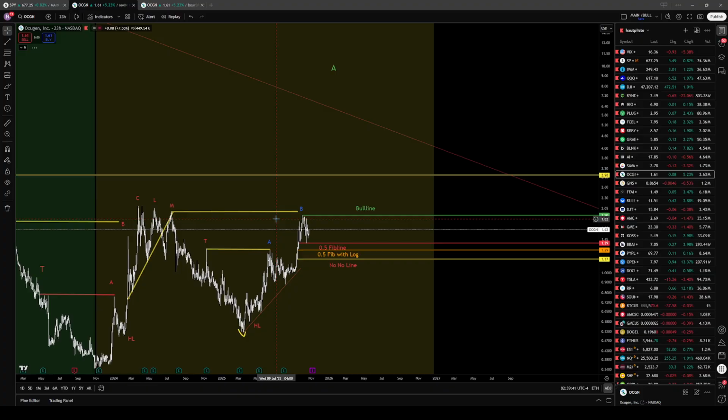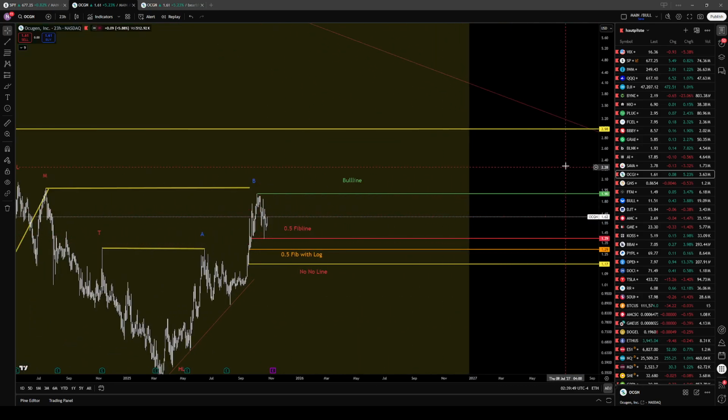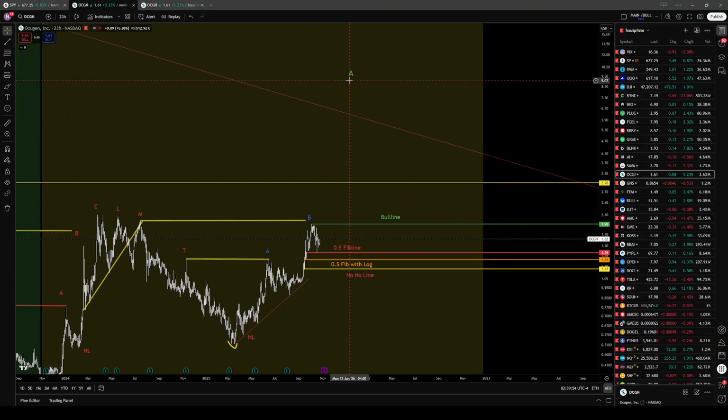Again, two versions. The first one, the 0.5 without lock, was perfectly touched. You would already be in a bounce and would go to your C.